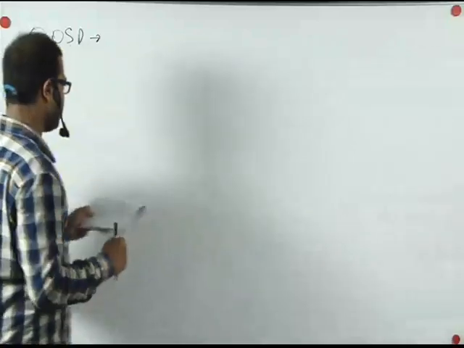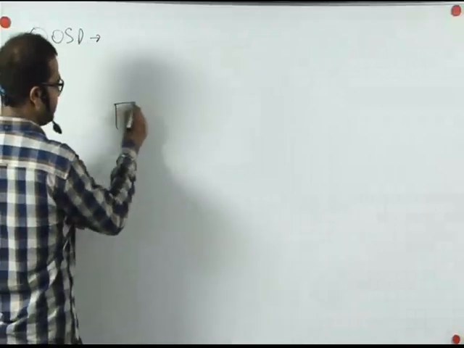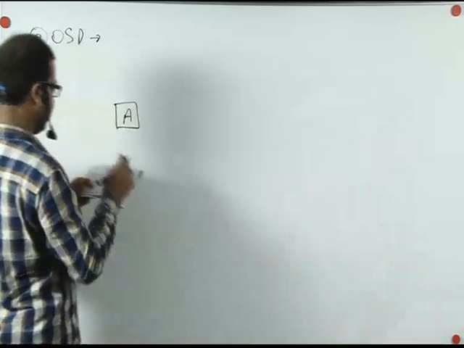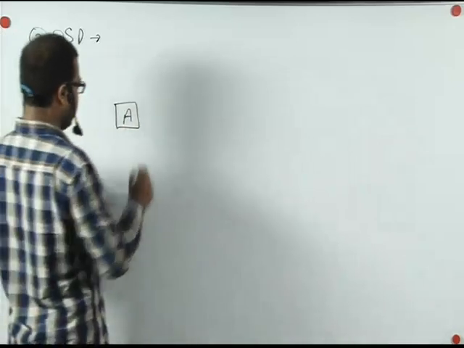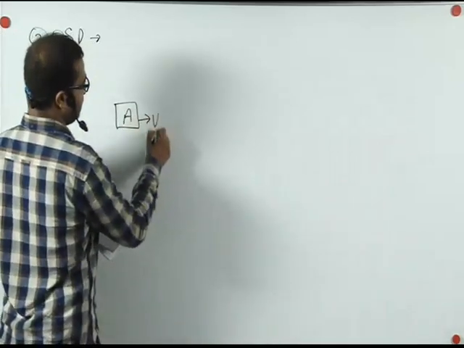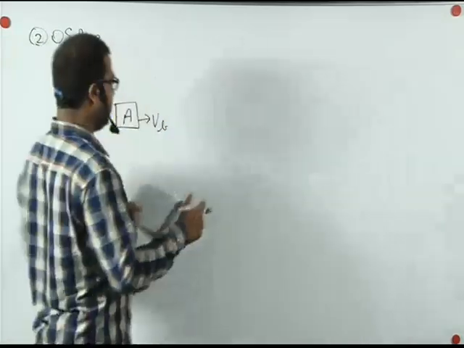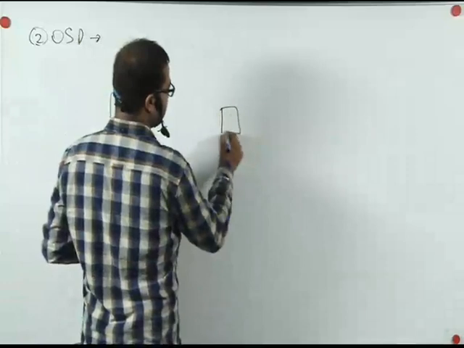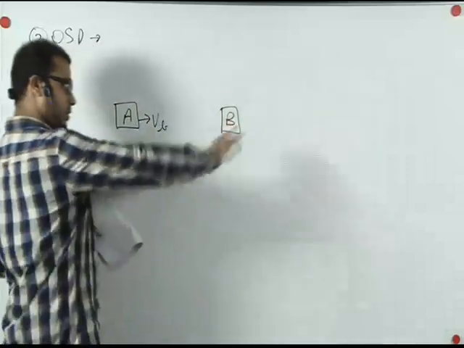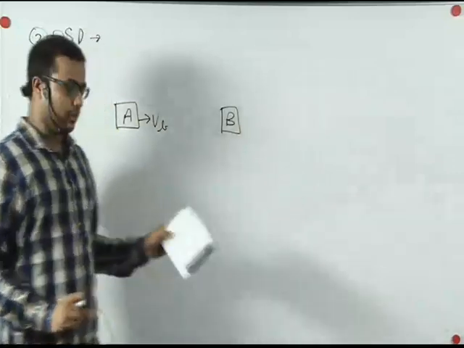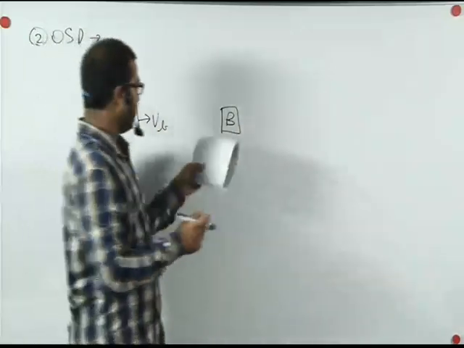Suppose a vehicle named A is moving with a velocity Vb. And there is another vehicle, moving on the same road with velocity Vb.